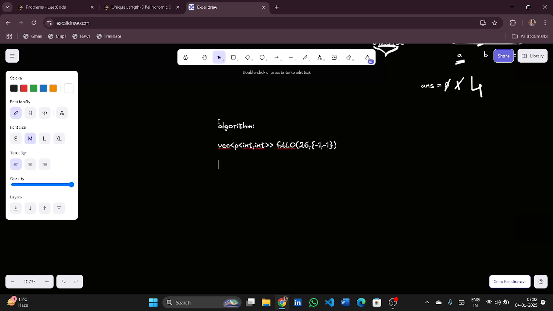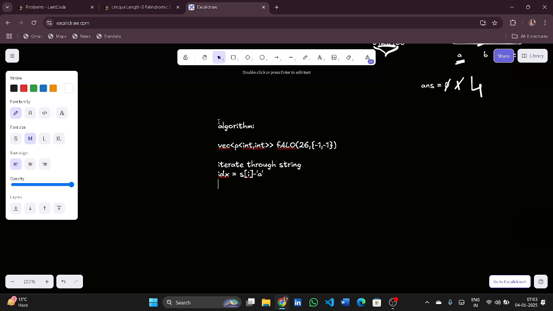Now I'll be iterating through the string. The index is s of i minus 'a'. That means you will get the index 0 for a, 1 for b.